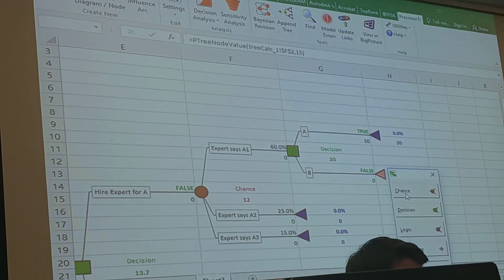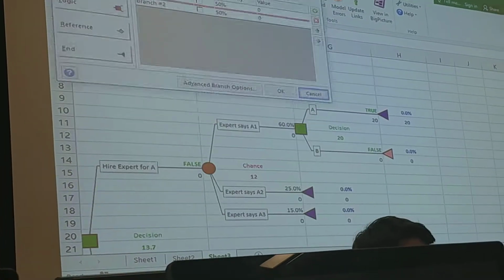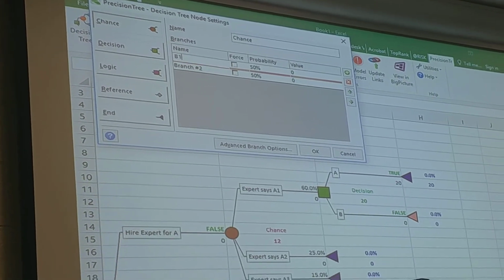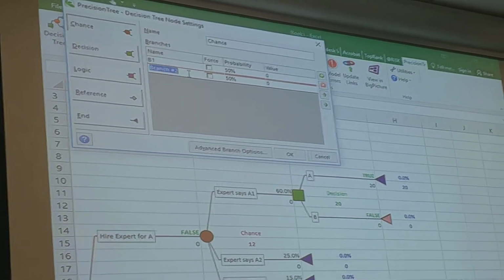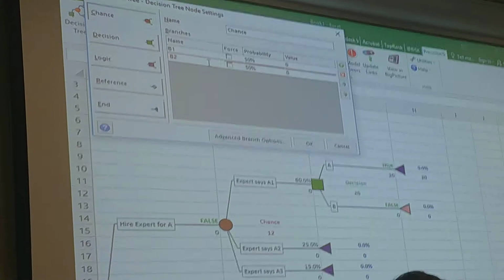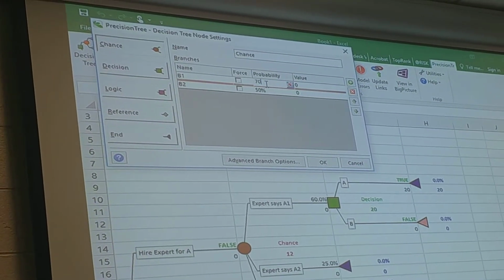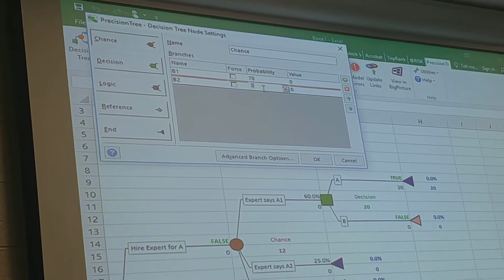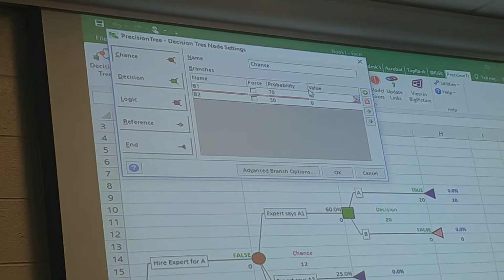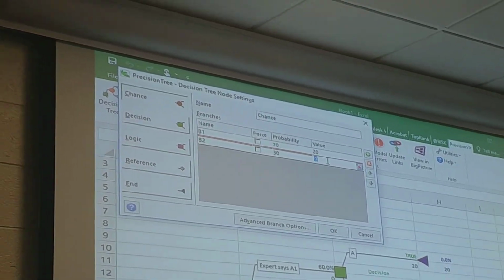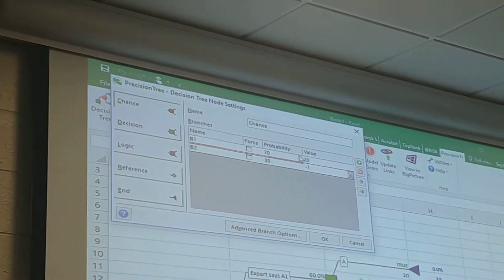But for B, I will be inserting an uncertainty node. B1, B2. 70%, 30%, 20, minus 1.